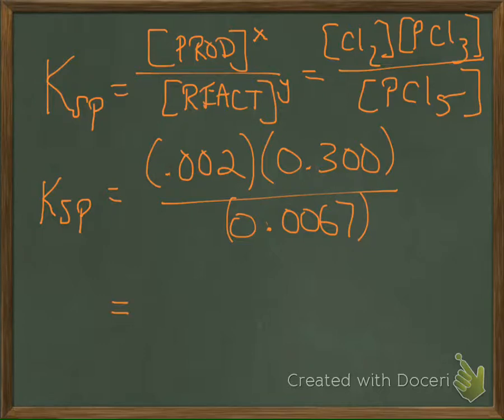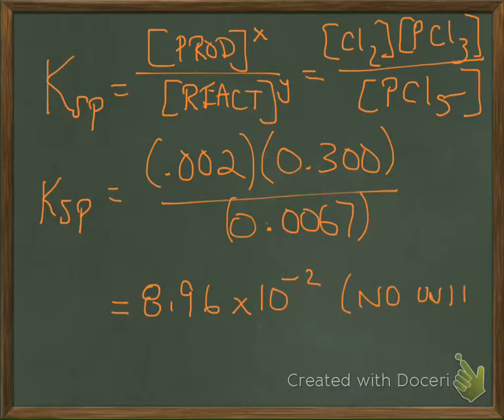And when we multiply and divide, we get a value of 8.96 times 10 to the negative second with no units. That's the best part about K, is that you don't have to worry about units. So 8.96 times 10 to the negative second is your K. Ooh, and if we want to, think about this, that our K here is less than 1, which is not good.